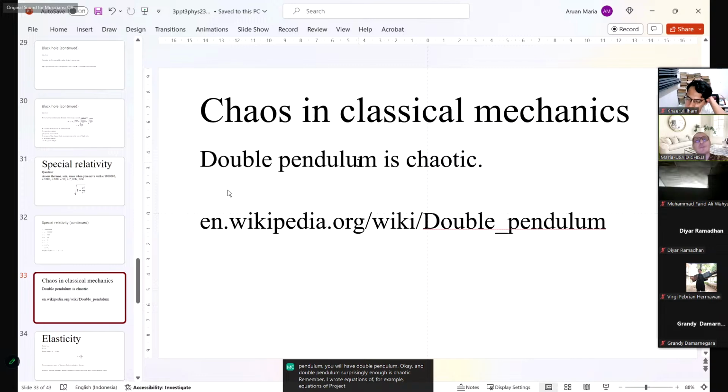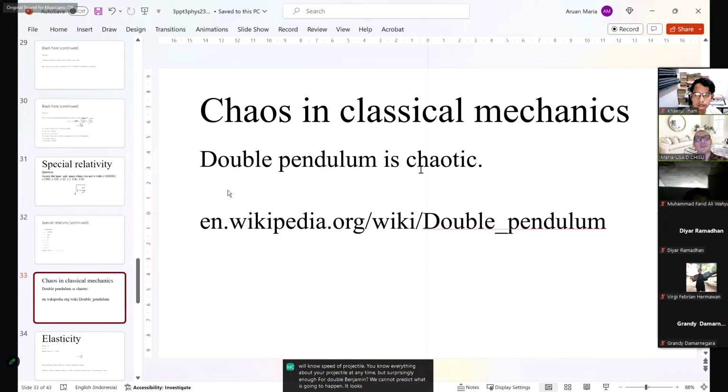In projectile, everything is predictable. At any time, you will know where your projectile is located and its speed. You know everything about your projectile at any time. But for the double pendulum, we cannot predict what is going to happen.